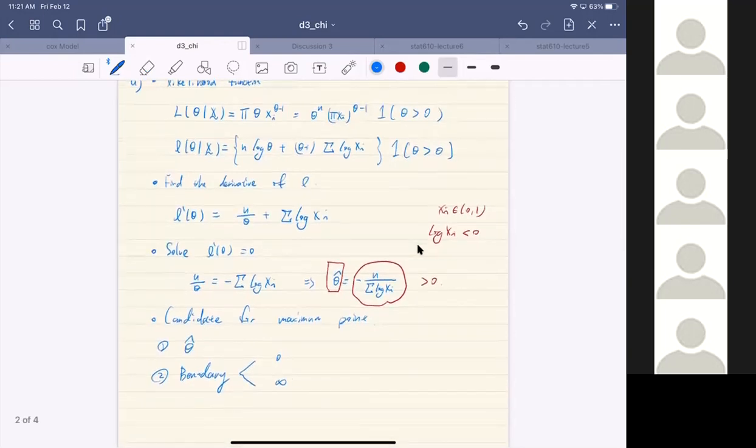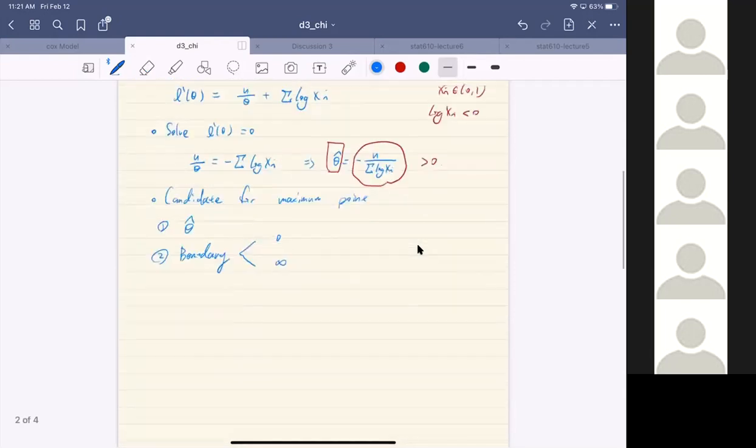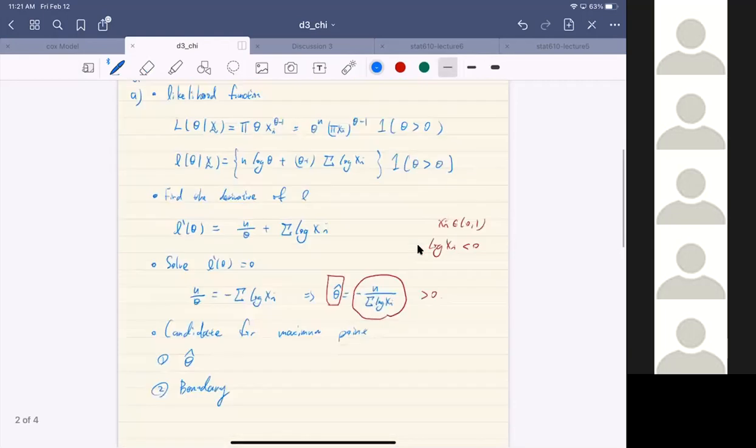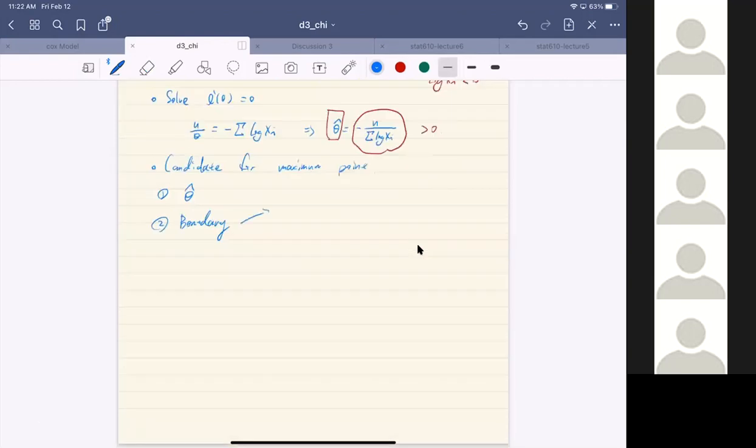What if theta is infinity? I think we don't have to care about infinity. Okay. So from the first candidate we can check the second derivative.